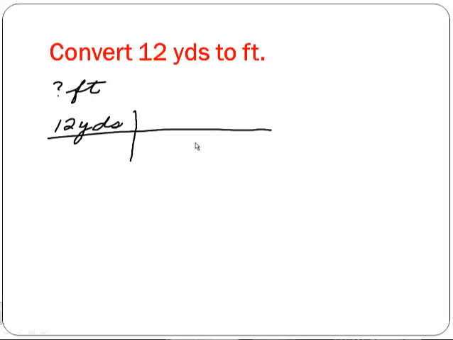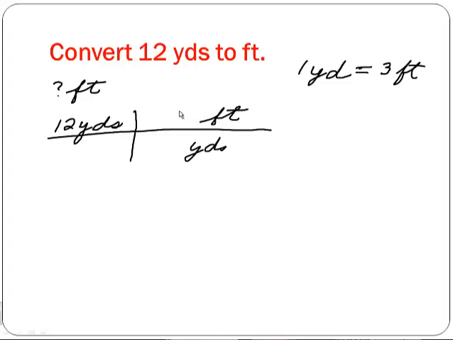Yards to feet. We know a conversion between yards and feet. What do we know? We know that 1 yard is equal to 3 feet. So I'm going to take this and turn it into a fraction, and I'm going to say yards. What do I want? Feet.